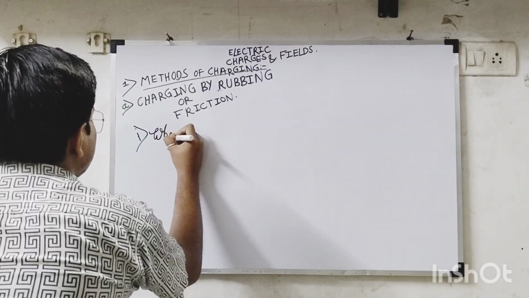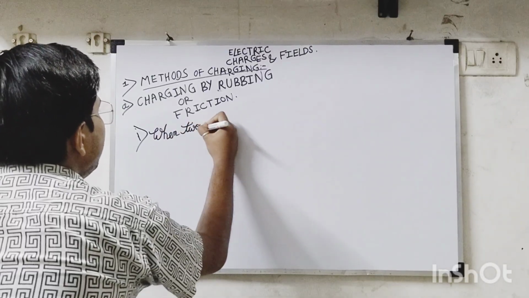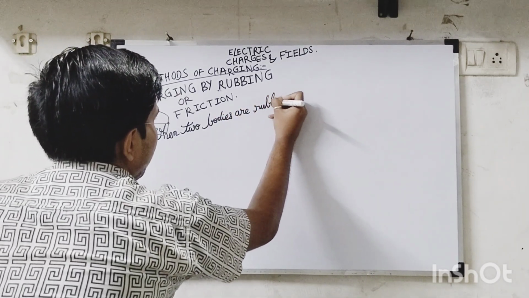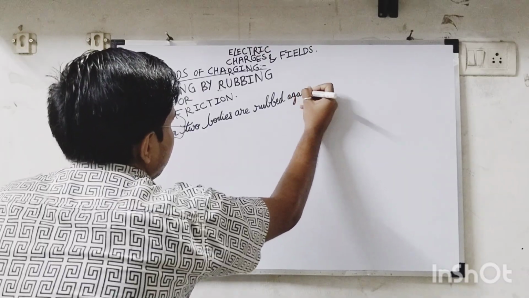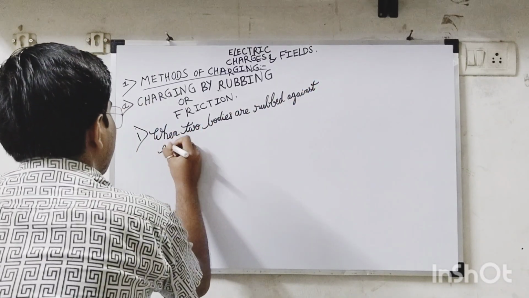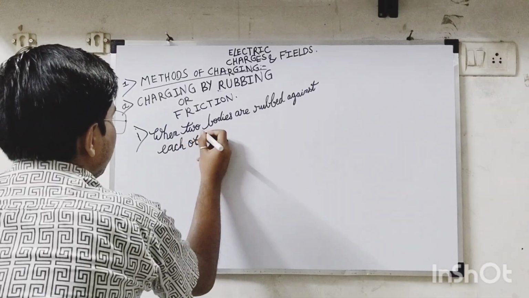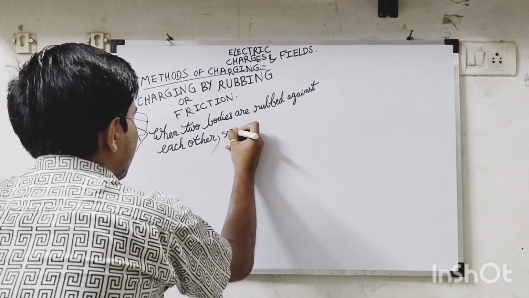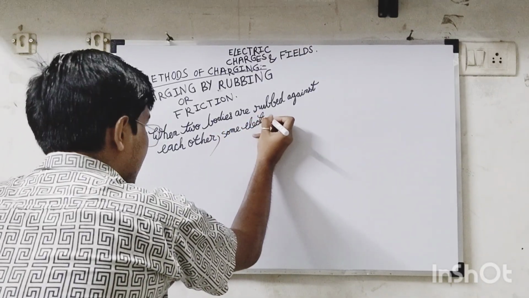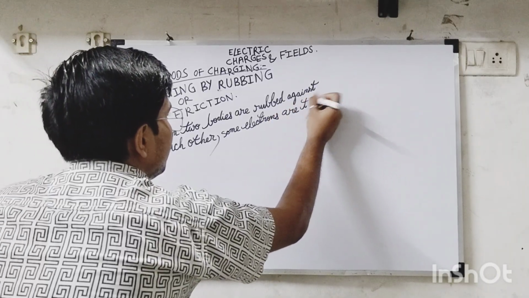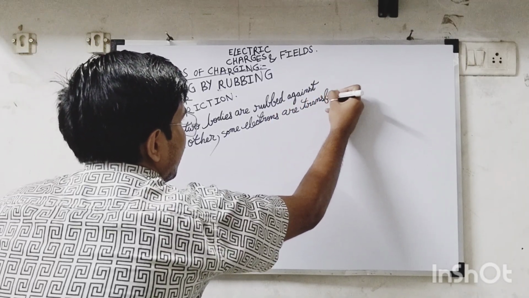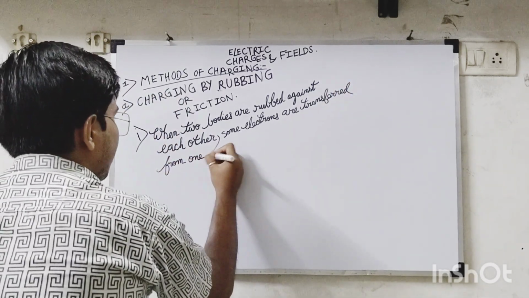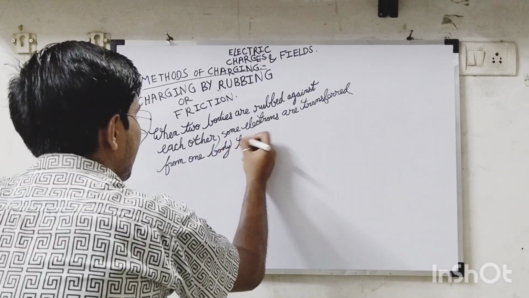When two bodies are rubbed against each other, some electrons are transferred from one body to another.